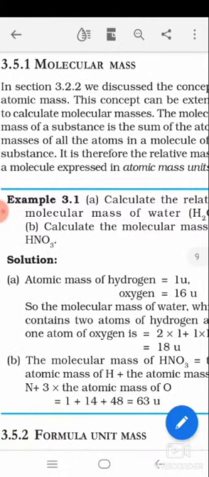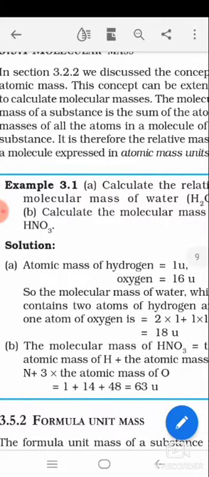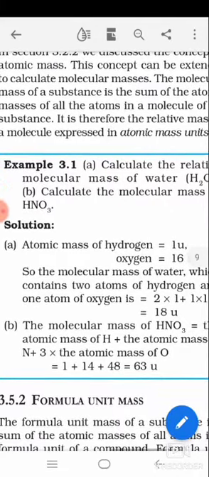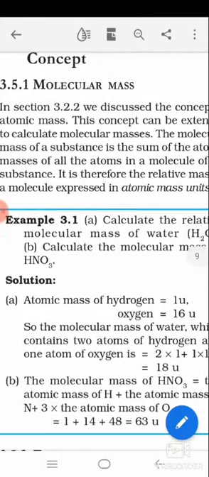Find the molecular mass of CO2, carbon dioxide; CO, carbon monoxide; NaCl, sodium chloride; H2SO4; and KOH, potassium hydroxide.